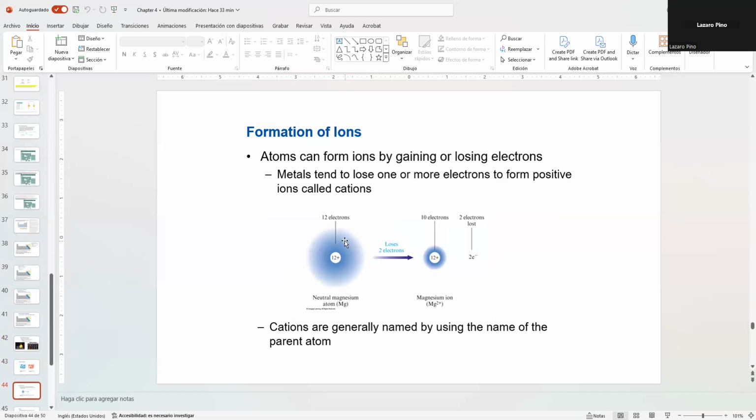The ions are atoms that have lost or gained electrons. For example, magnesium loses 2 electrons and became a cation. A cation is positive charged because the cation loses 2 electrons or 1 electron.